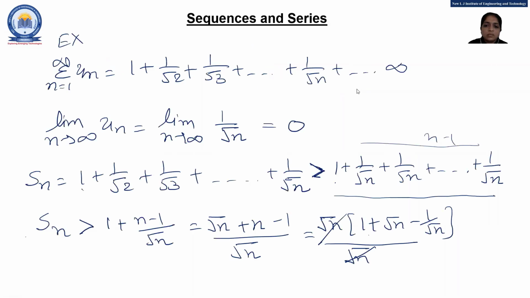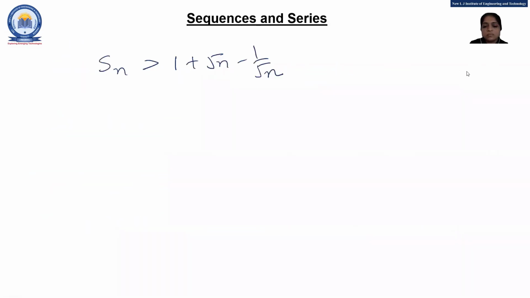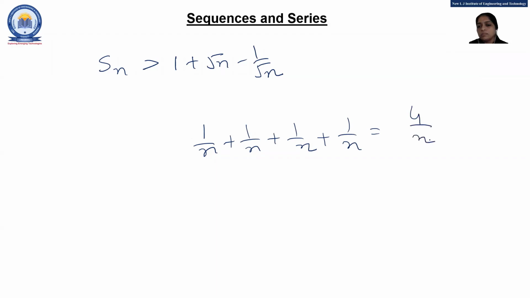Munil, if you are asking how n minus 1 comes: see, if we have 1 upon n, 1 upon n, 1 upon n, and this is 4 times, then what are you writing here? 4 upon n.